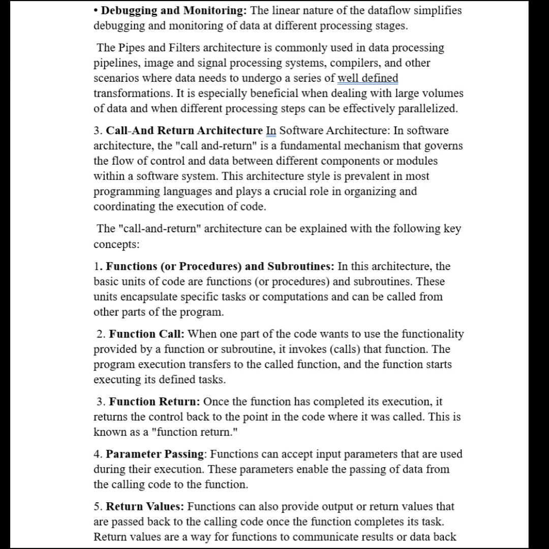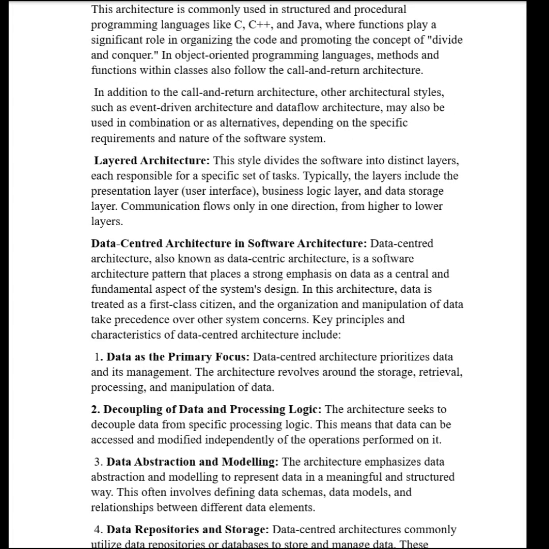Third, call and return architecture, a basic structure used in most programming languages. Functions or methods call other functions and return results. Example: function calls in Java, C or Python. Advantage: promotes modular design and code reuse. Fourth, layered architecture.